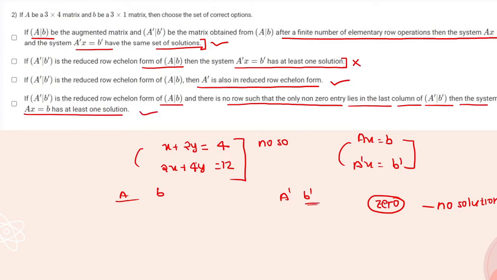This is correct, because if there were a row of all zeros with a non-zero entry in the last column, it would have no solution. If it does not have any such row, it means that there will be some dependent or independent values. Okay, so that's why this statement is correct.